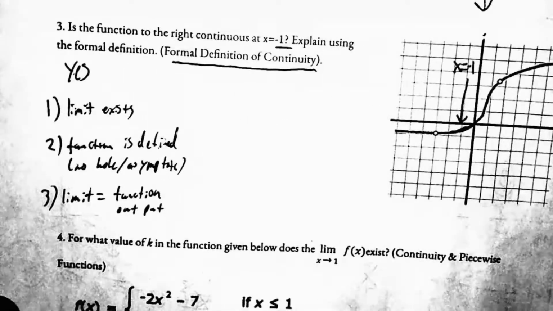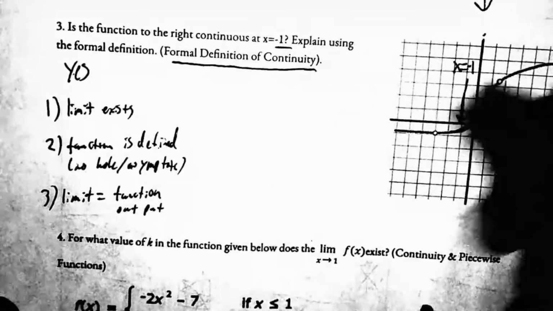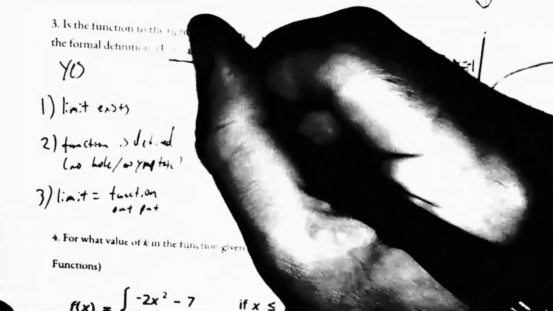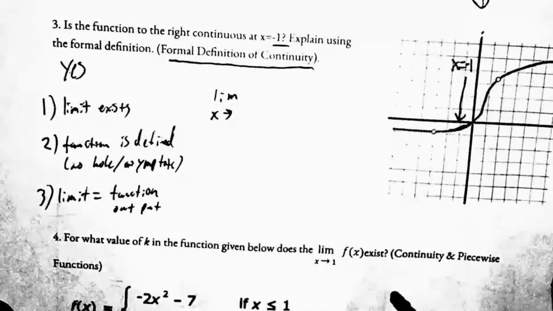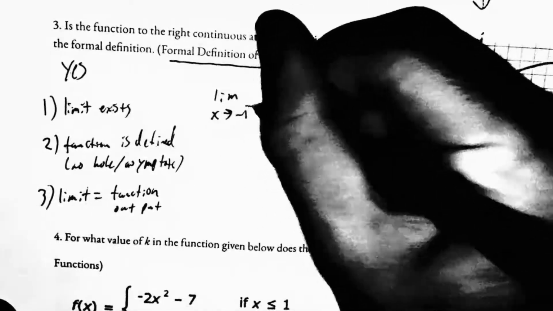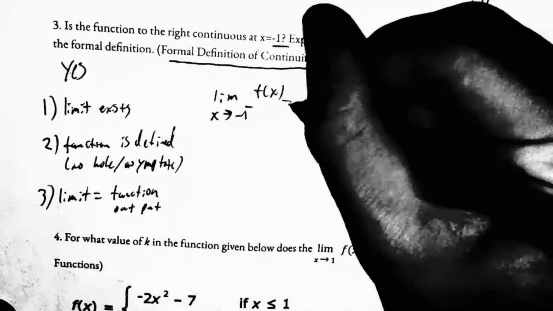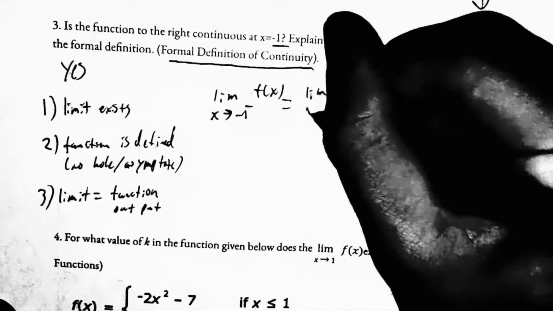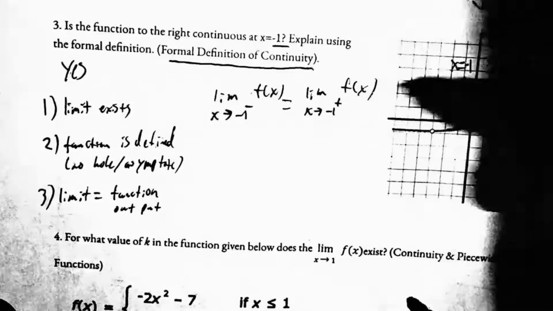In mathematical notation, let's prove this, right? So limit exists. Well, we know a limit exists when, also you need to know this, the limit from the left equals the limit from the right. So the limit as x approaches -1 from the left of f of x equals the limit as x approaches -1 from the right of f of x.